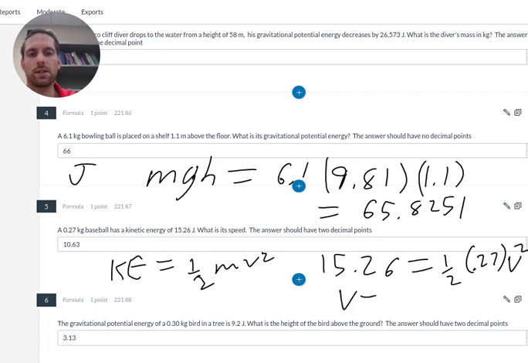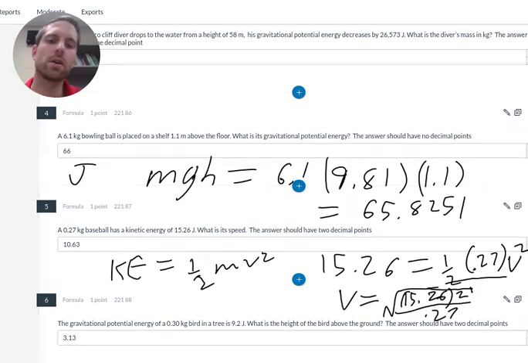I can solve this for that, and it's going to be square root of 15.26 times 2 over 0.27. Just a little bit of math. Or you could simplify this. It would do the same thing and just divide it over.